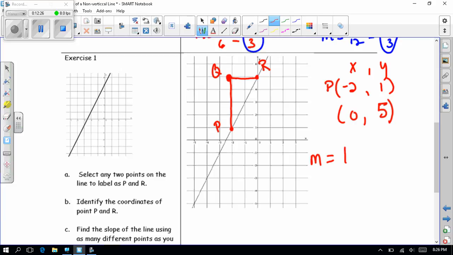So how Eureka wants me to teach you about slope is that the length of PQ divided by the length of QR is your slope. It's exactly what we've been doing. It's our rise, 1, 2, 3, 4. The length of PQ is 4. The length of QR is 2. So our slope is going to be 4 divided by 2, or 2.